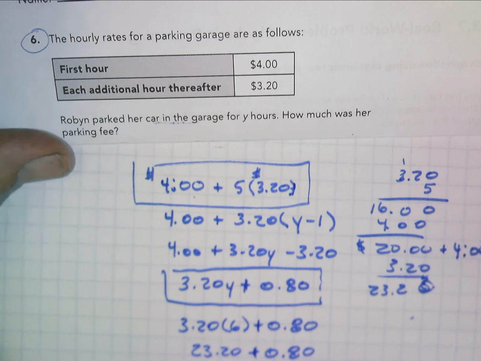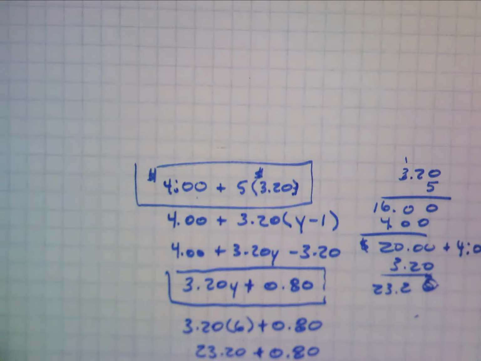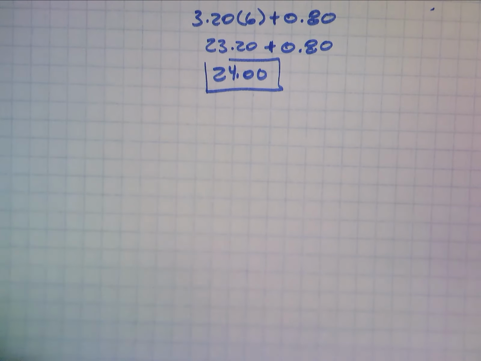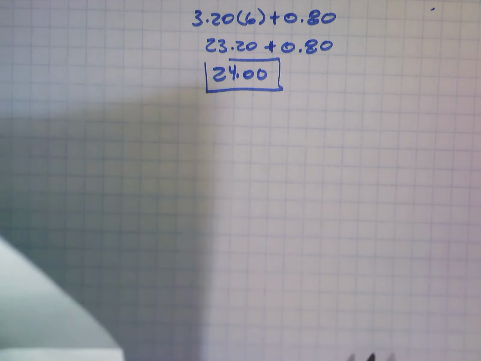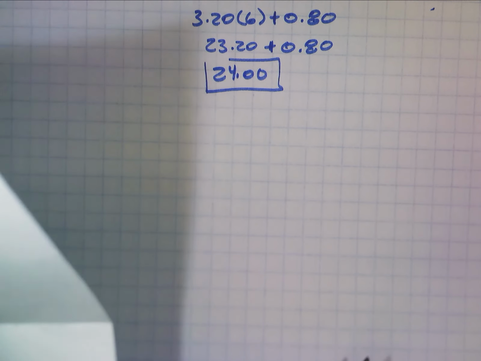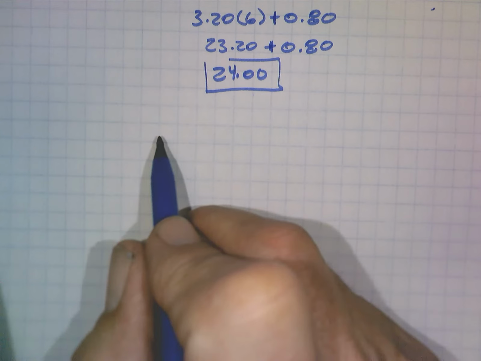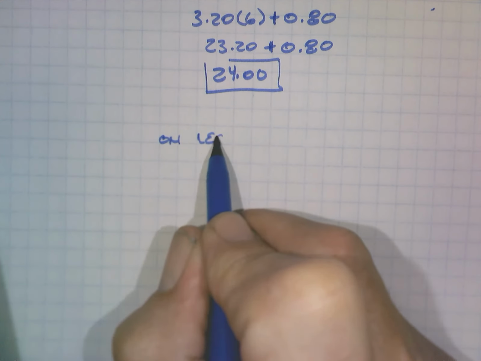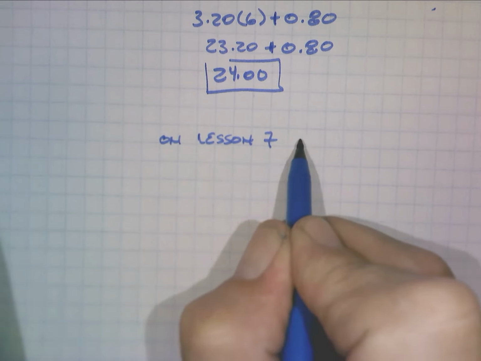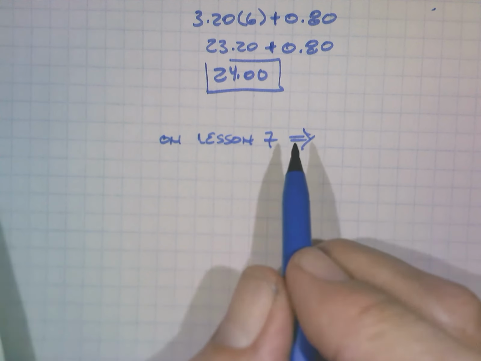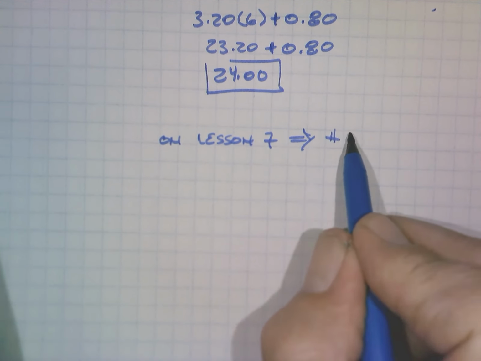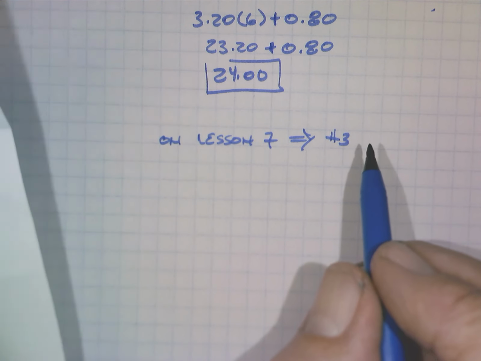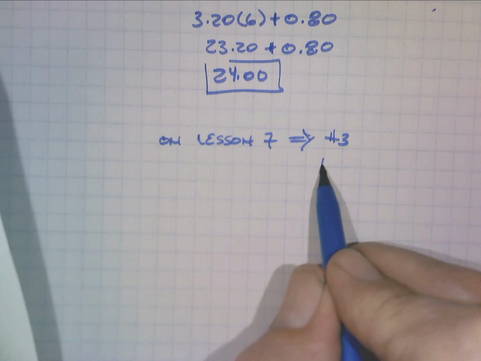Now that you have those explanations, I'm going to ask you to try a couple of problems on your own. Let's try lesson 7, that same worksheet where there's a link to it. Let's try number 3. Let's try number 5.